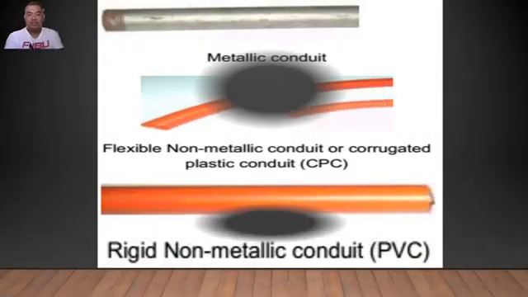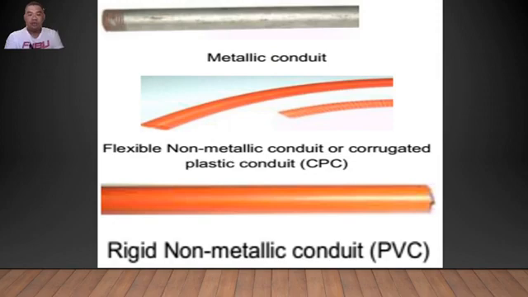Okay, so we have here the appearance of the common conduit that we are going to use on residential and commercial wiring. So we have here the metallic conduit, the flexible metallic conduit or flexible non-metallic conduit, or the corrugated plastic conduit, and we have the rigid non-metallic conduit or the polyvinyl chloride conduit.